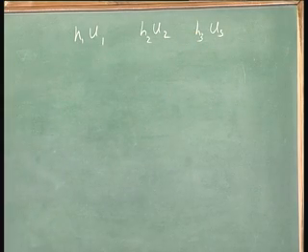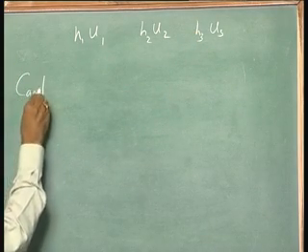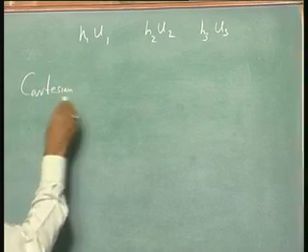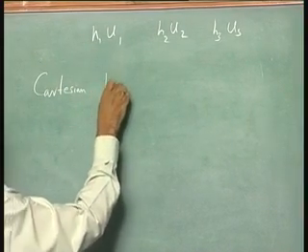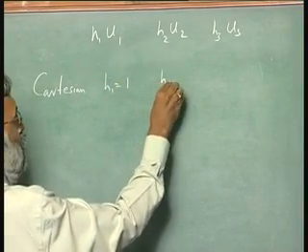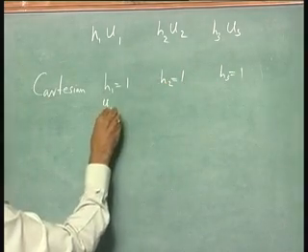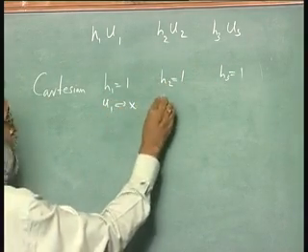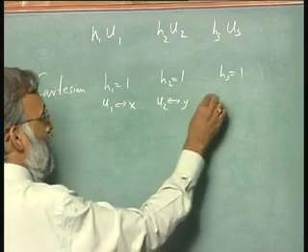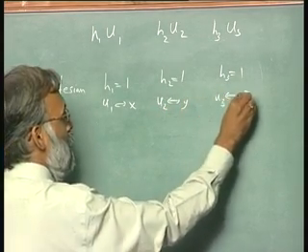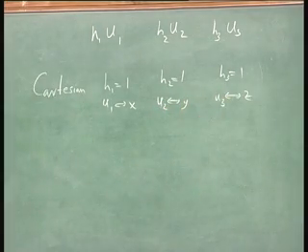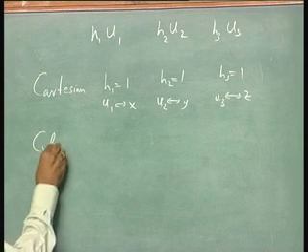Let me give examples. For Cartesian, h1 equals 1, h2 equals 1, h3 equals 1, u1 is nothing but x, u2 is nothing but y, u3 is nothing but z.